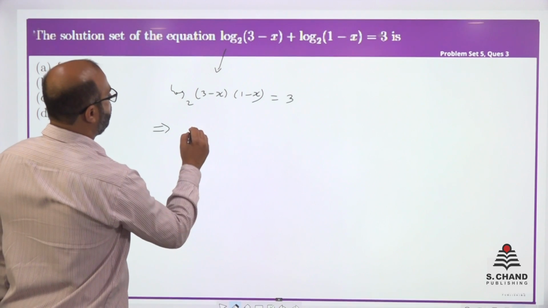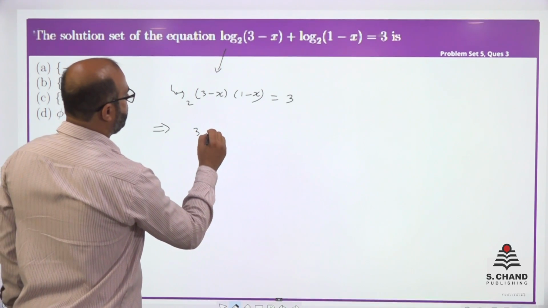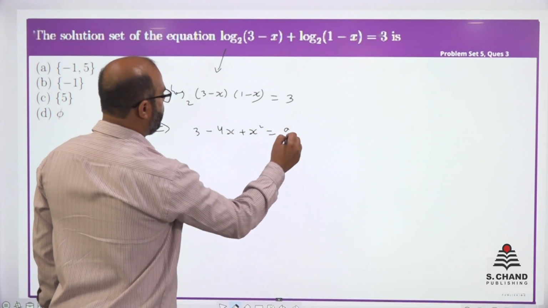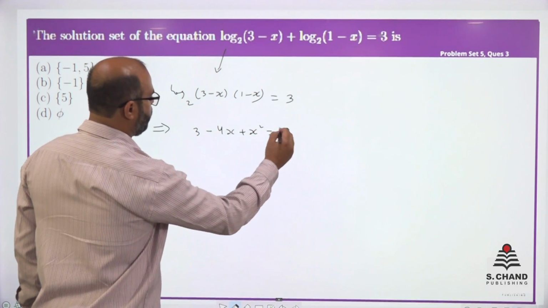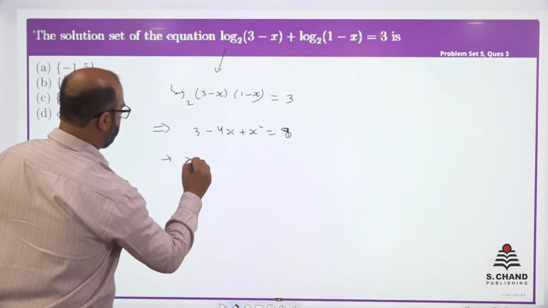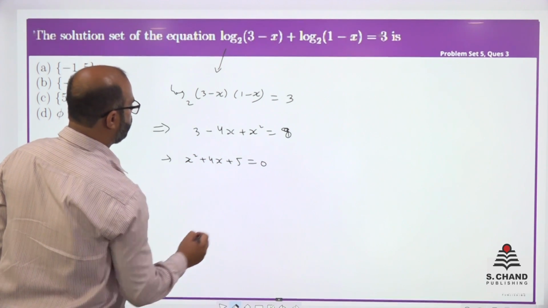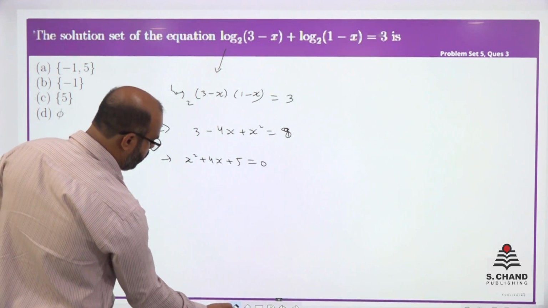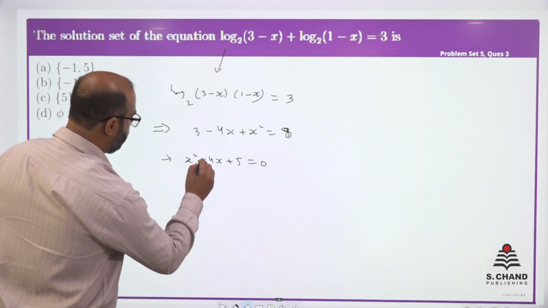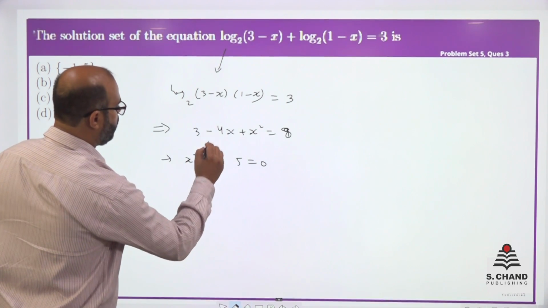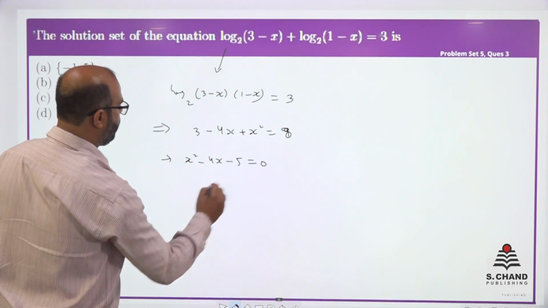So, this will become 3 minus 3x minus x plus x square is equal to 2 to the power 3, that is 8. So, this will become x square minus 4x, sorry, x square minus 4x minus 5 equal to 0.